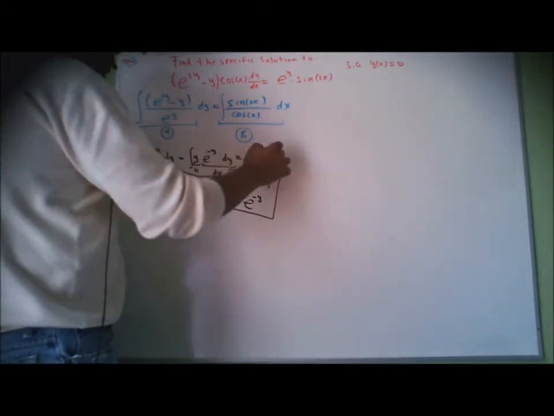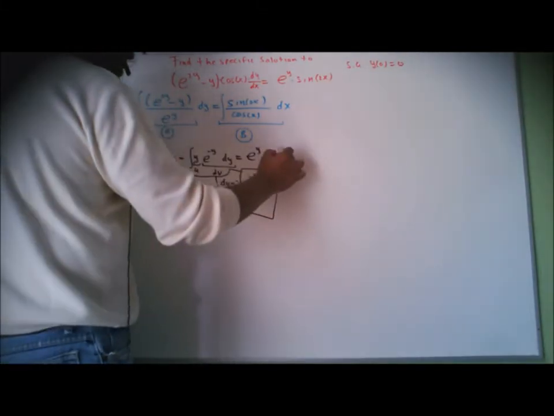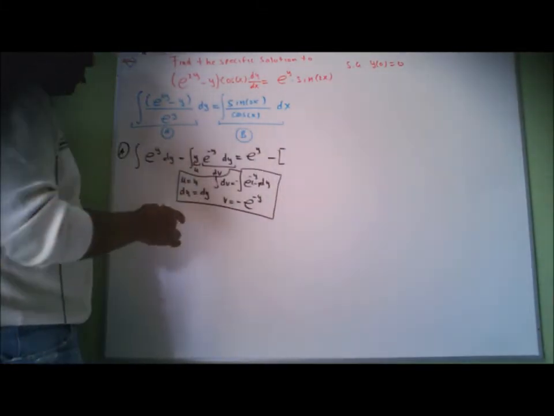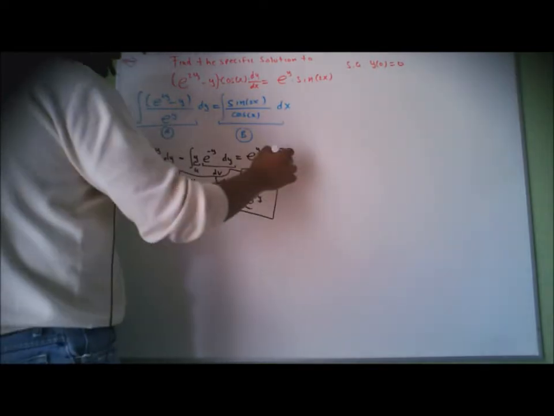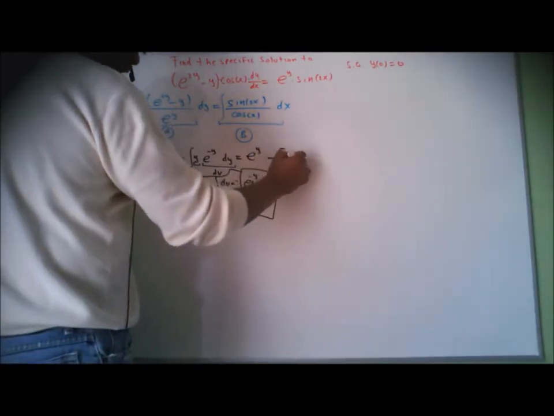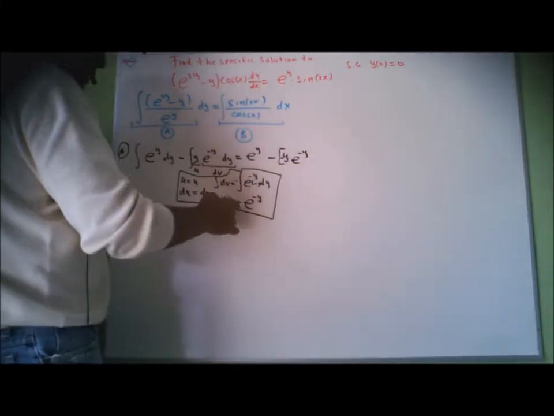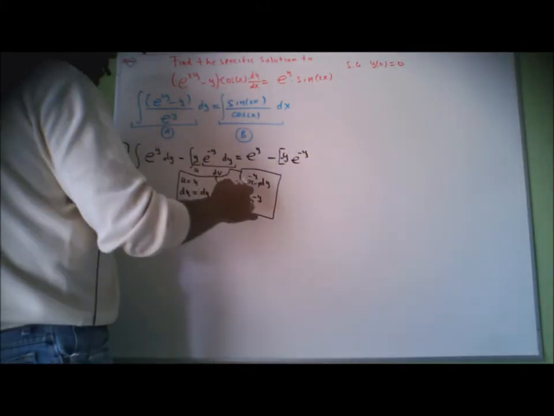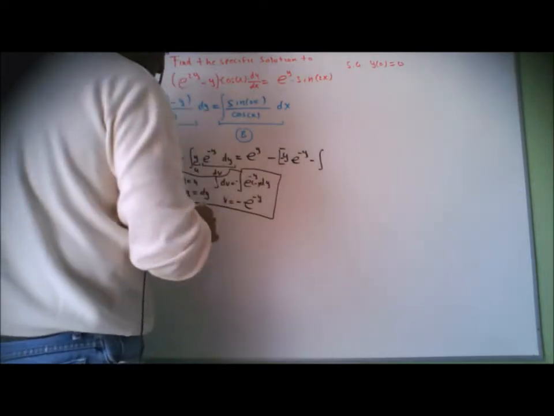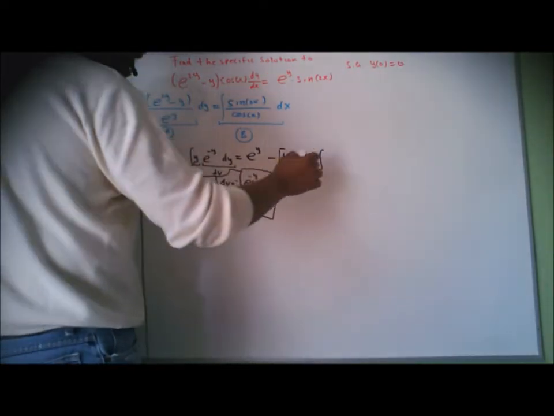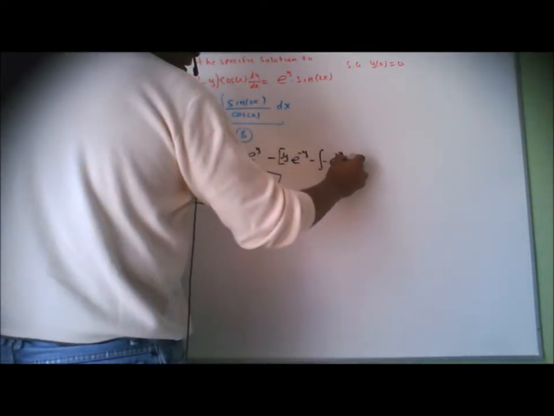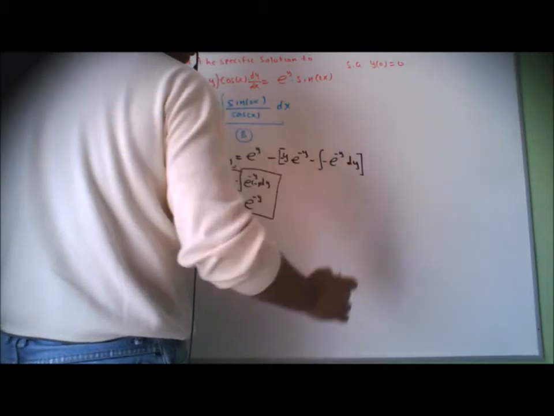Here the integration by parts is going to be u times v, y times minus exponential of minus y, minus the integral of v differential of u, minus exponential of minus y, differential of y.